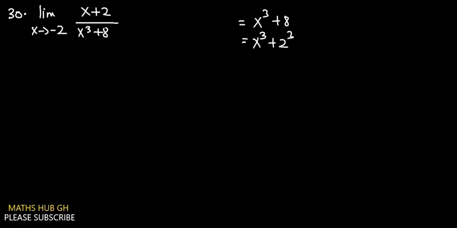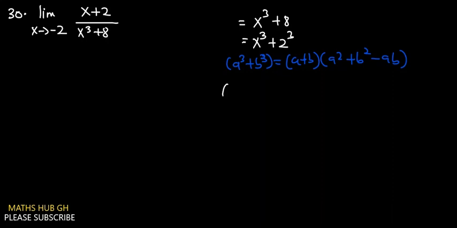If you have an expression of the form a cubed plus b cubed, you can write this as a plus b, multiplying a squared plus b squared minus ab. We're going to use this to transform the expression we have. We have x cubed plus 2 cubed, so our a becomes x and our b becomes 2.